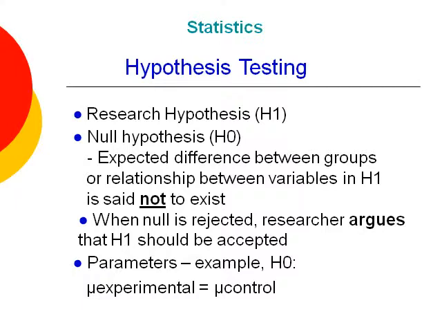But rather than test the hypothesis, we actually test the opposite of the hypothesis, or what we call the null hypothesis, which is represented with the symbol H sub 0. The null hypothesis is the working hypothesis of a study, in which the expected hypothesized difference between the means of groups, or the expected hypothesized relationship or correlation between variables, is said not to exist.